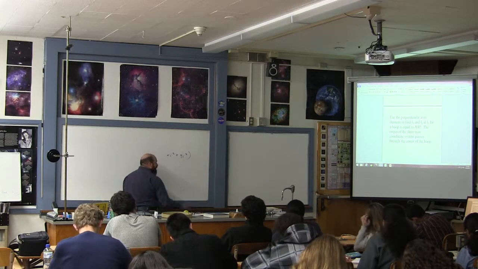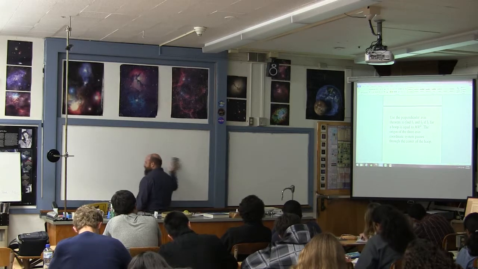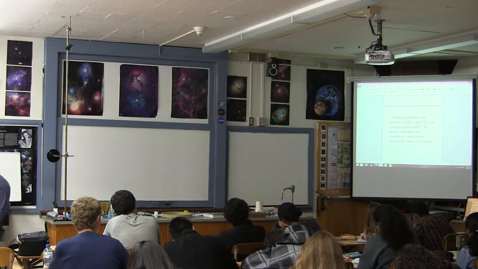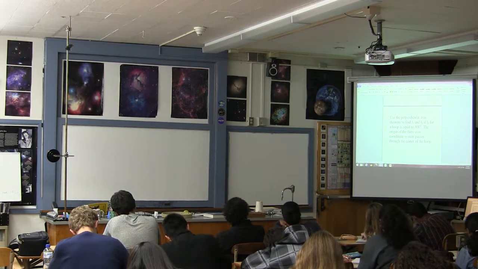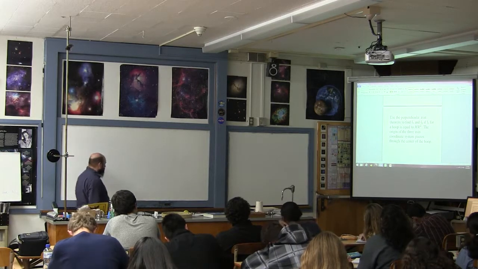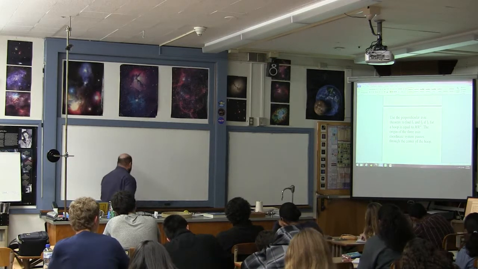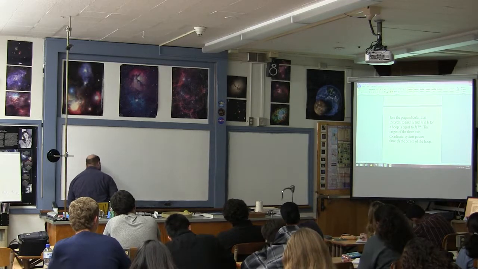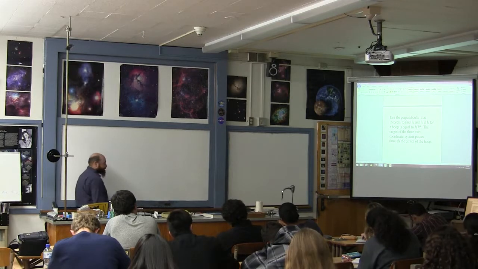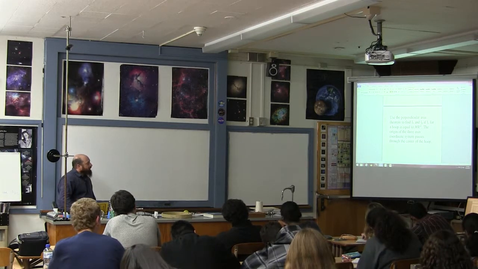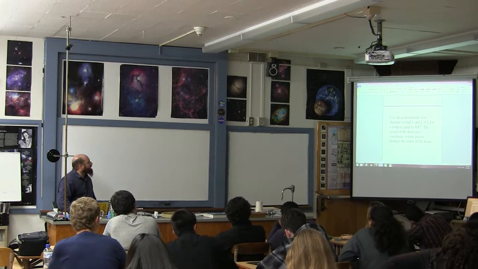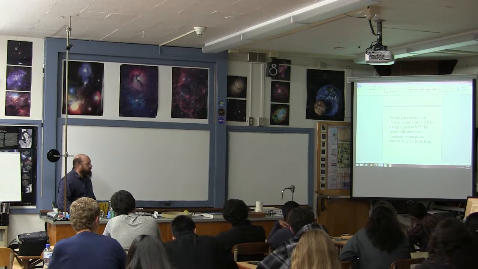This problem is one step. Maybe a little bit hard to see in the back, but it says, use the perpendicular axis theorem to find Ix and Iy if Iz for a hoop is equal to mr squared.